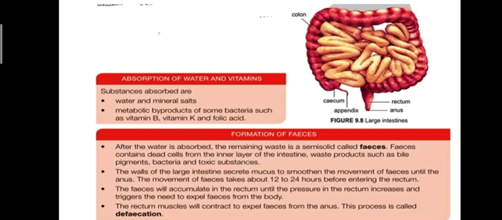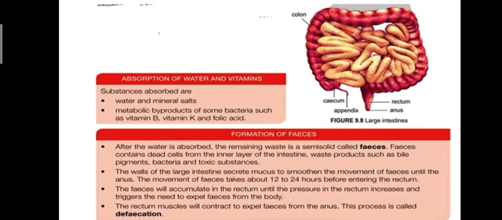The wall of the large intestine will secrete mucus to smoothen the movement of the feces until reaching the anus. This process will take around 12 to 24 hours before entering the rectum. Now the feces will accumulate in the rectum until the pressure in the rectum increases.